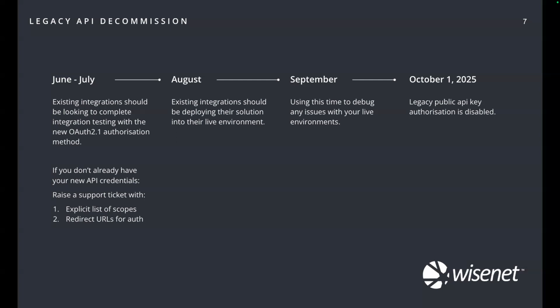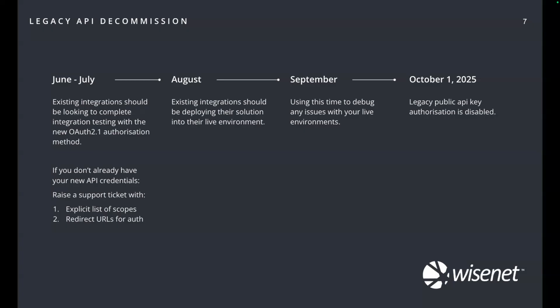So for a large majority of you, the only piece of work that you'd actually need to do to get your environment ready for the new OAuth solution is that authentication piece. So being able to generate your token and then doing the refresh of that token. Now, we'll be doing a quick demo shortly of how you can get that token using Postman if you don't have a UI baked into your solution.